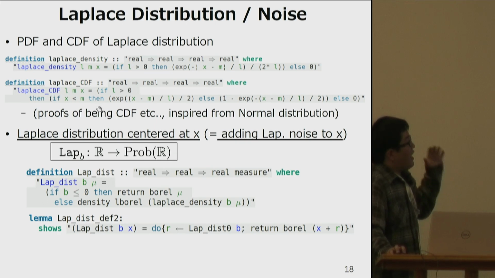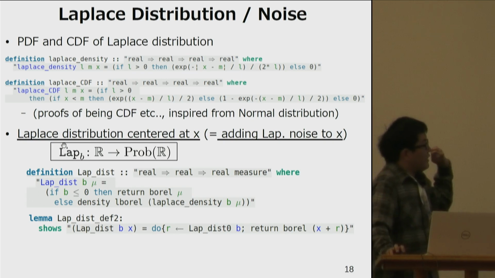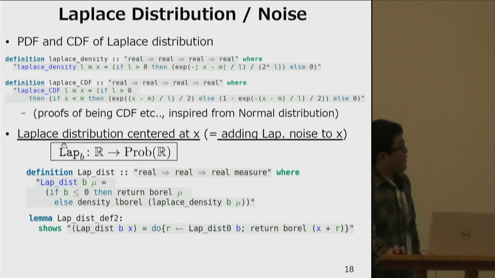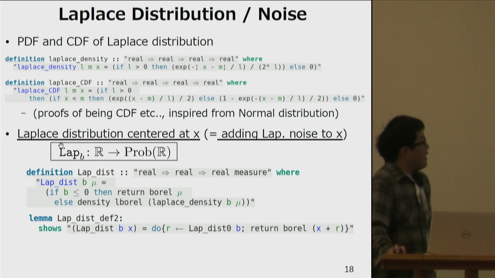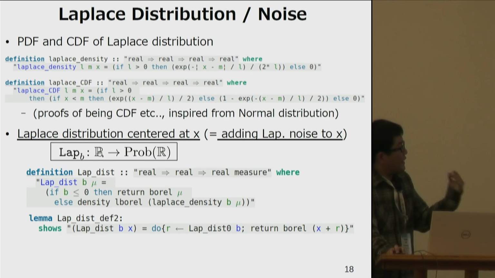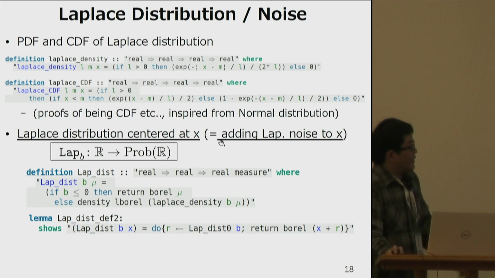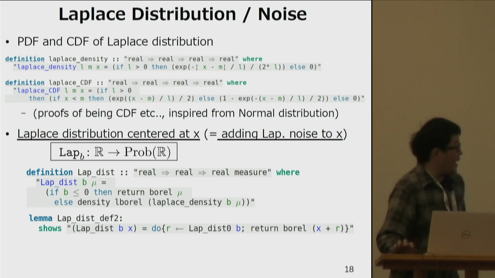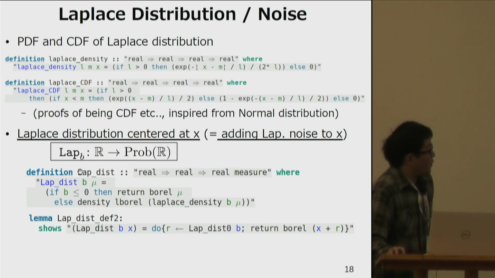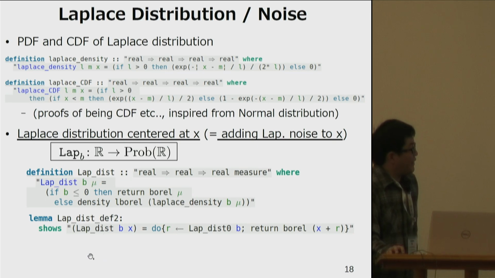Then we formalize the Laplace noise mechanism. It is a Laplace distribution centered at a given value x. And then we prove that this construction satisfies the desired property.